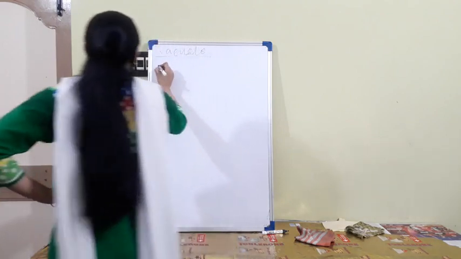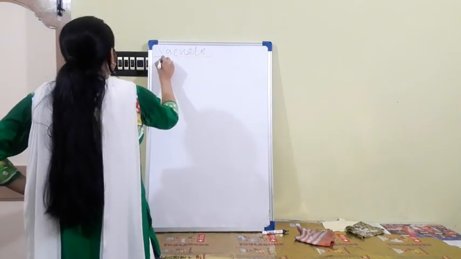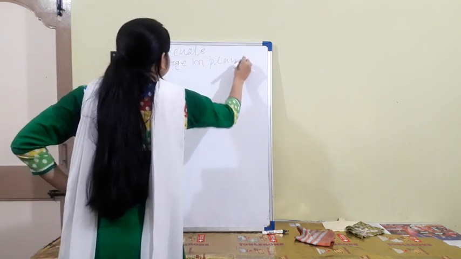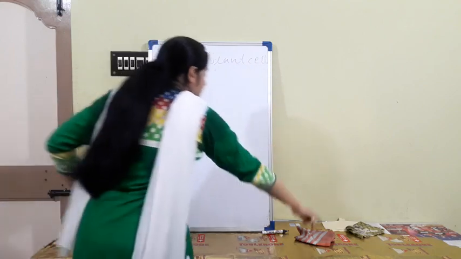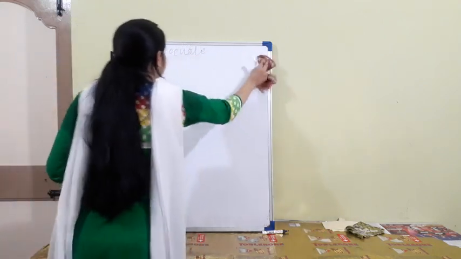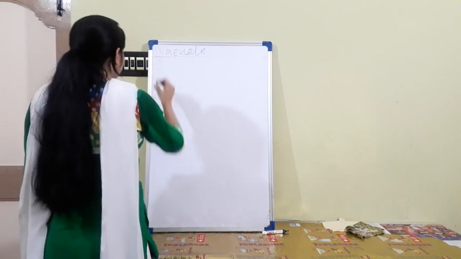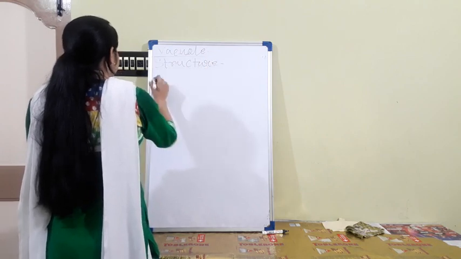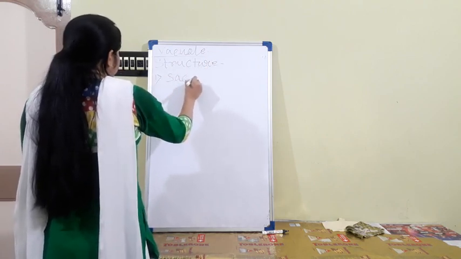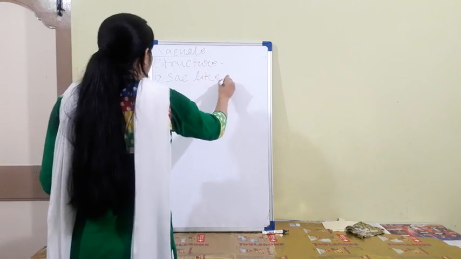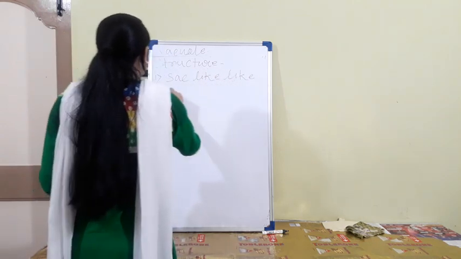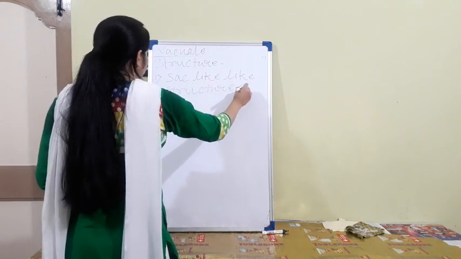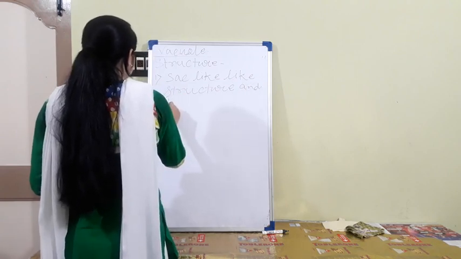Vacuoles, large in plant cell. The structure, you can say vacuole structure. That is first one, sac-like structure and helps in storage.